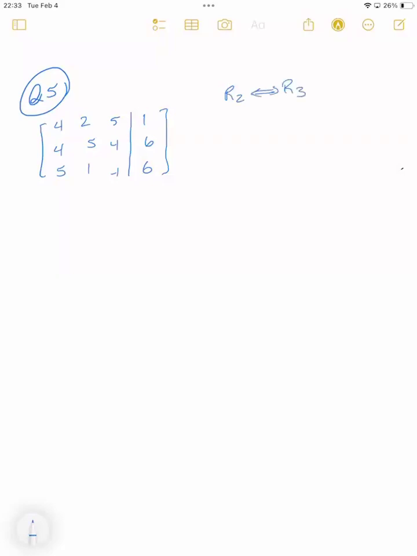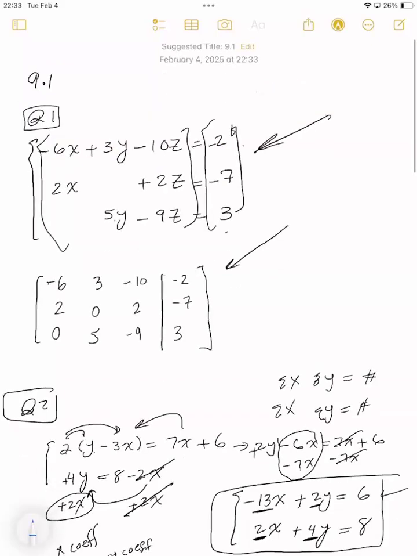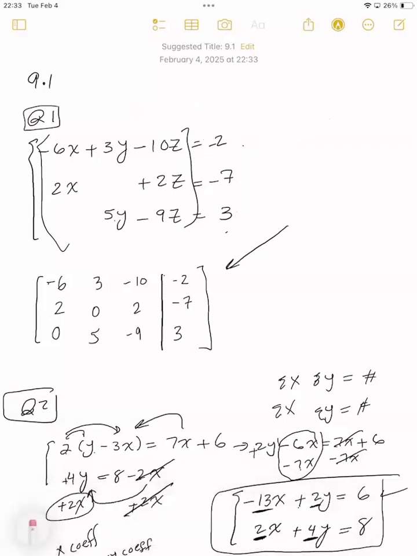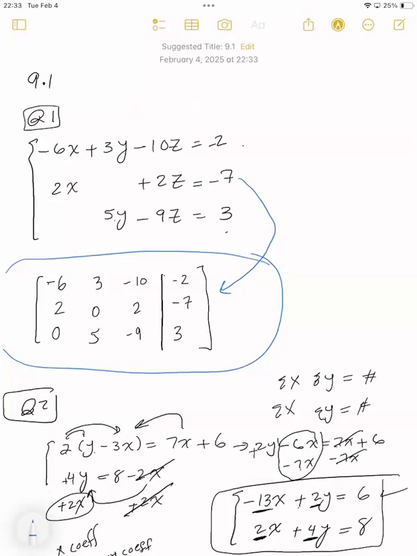So when we want to solve a system of equations, there are different techniques to solve it. One method is we write the system as an augmented matrix, and then we can perform 3 types of operations on an augmented matrix.